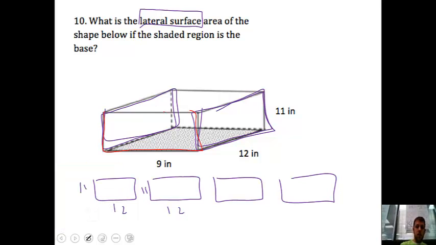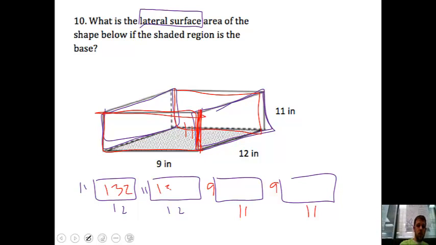Let's do the front wall, which is 9 and 11. And the back one is also 9 and 11. So we got 132, 132, 99, 99, and the answer is 462 inches squared.